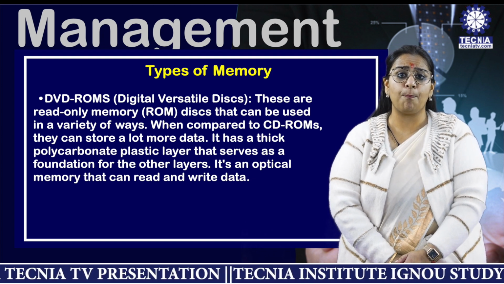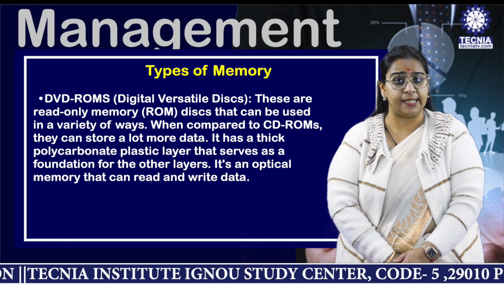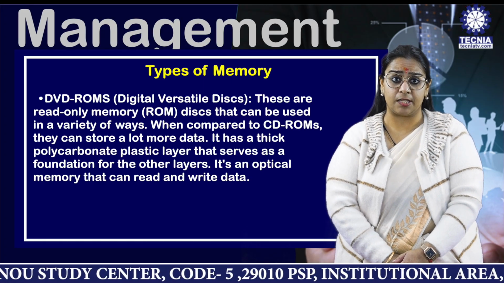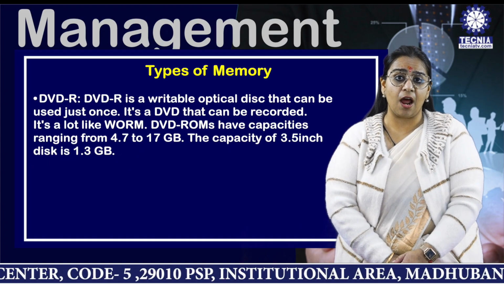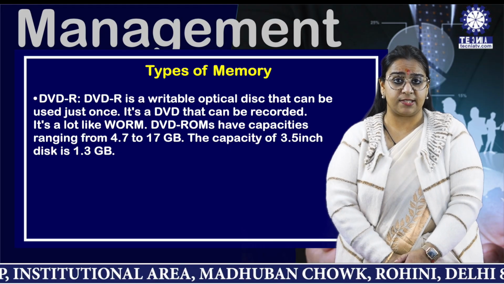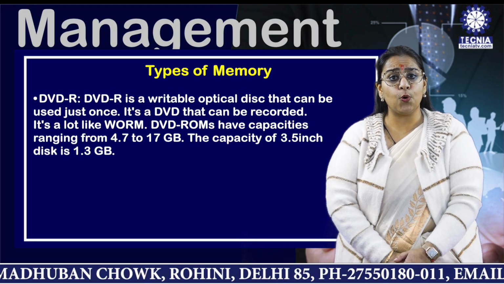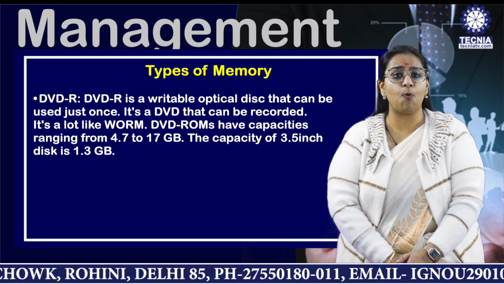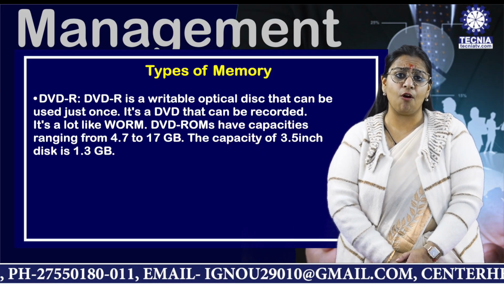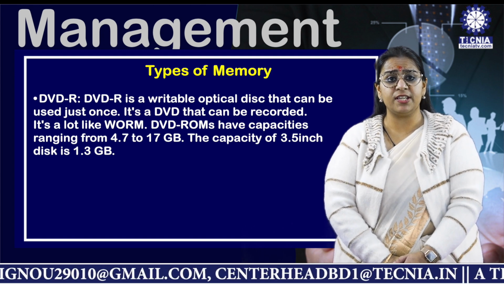It has a thick polycarbonate plastic layer that serves as a foundation for other layers. It's an optical memory and can be read or written. Another one is DVD-R, which is a readable, writable optical disc used once. And DVD can be recorded, unlike ROM. ROM has capacity ranging from 4.7 to 17 GB. Capacity of a 3.25 inch disk is 1.3 GB.